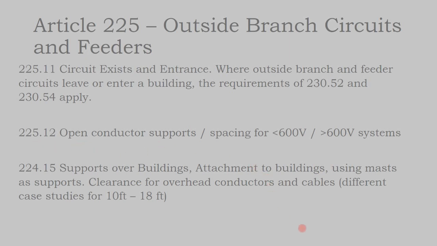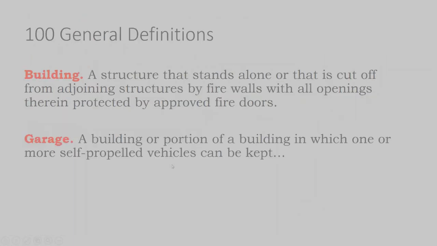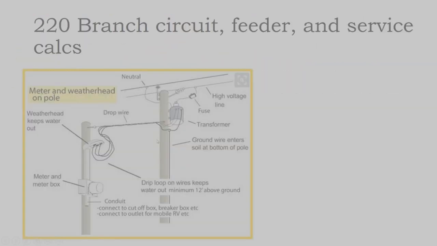Supports over buildings, attachments to buildings using masts as support, clearance for overhead conductors and cables, and there's different scenarios for going from 10 feet up to 18 feet of clearance requirements. This is where, going back a few slides, the crow's nest, or the weatherhead: how tall does this weatherhead need to be for these power lines from the utility to just drop down and be taped up?